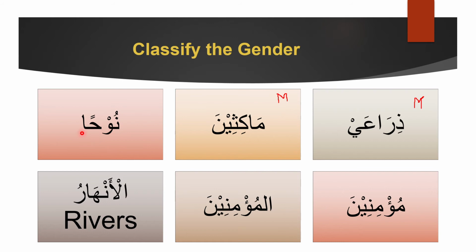Next, Nuhan. It's a name and it's a masculine name, so it is masculine. Next, Mu'minina. Ina, again it's muslimina and it's ina sound, it's masculine. We don't need to go deep. Then al-mu'minina, again the ina sound, it's masculine. We don't need to go much deeper either.